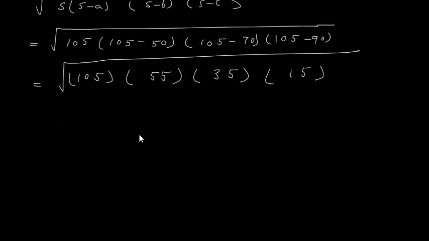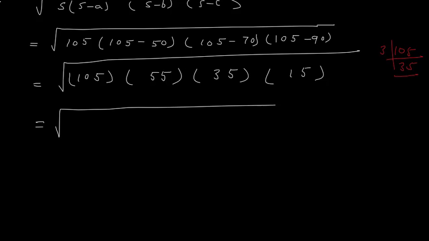So this 105, I will factorize. 105 is 3 into 35. I am not factorizing this 35 because 35 is already here.